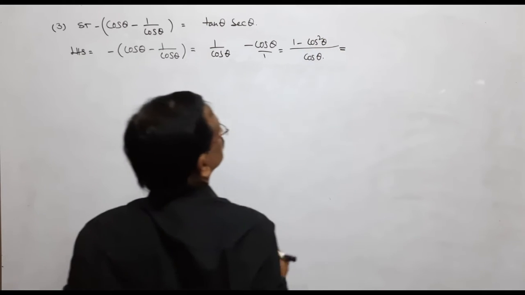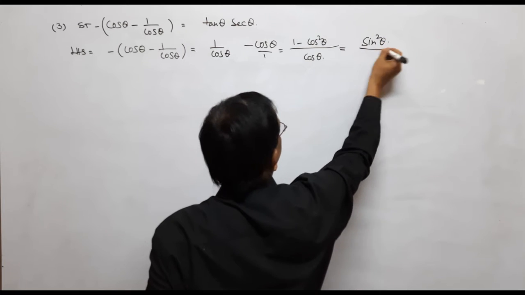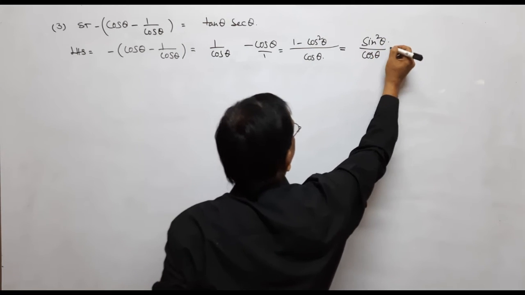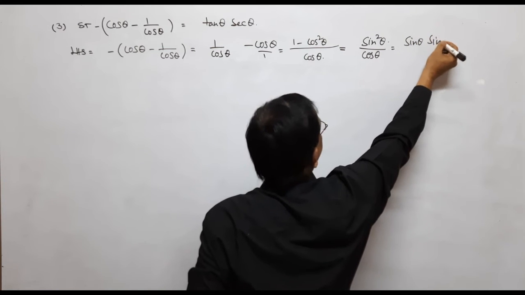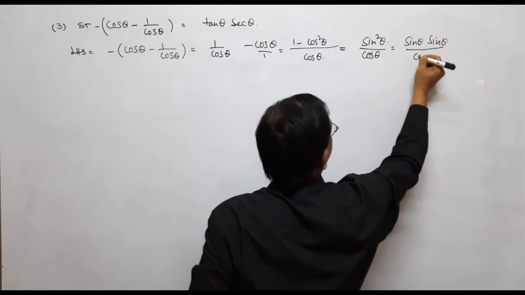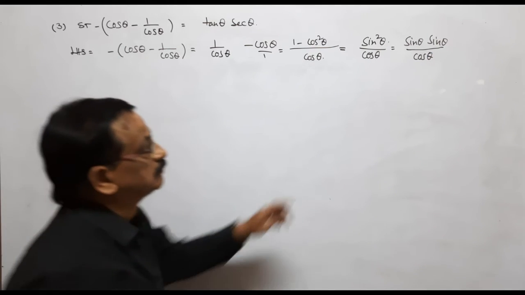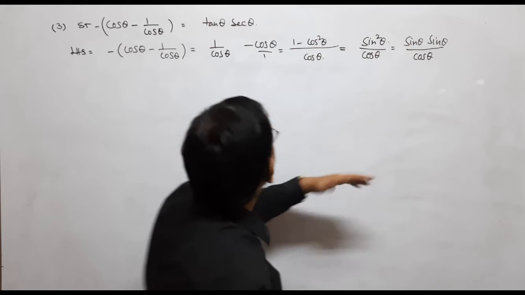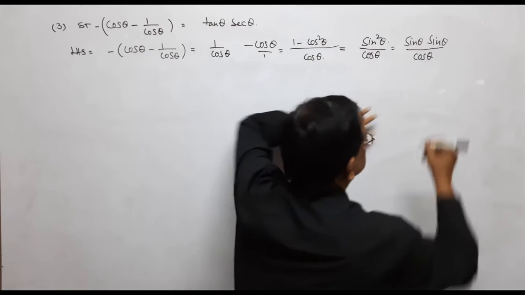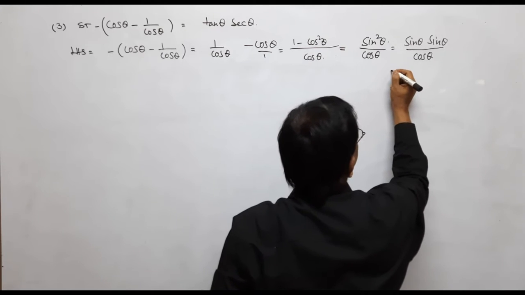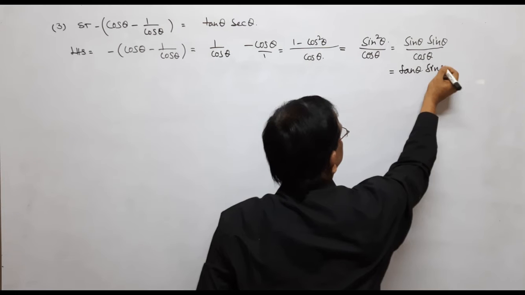So which is equal to 1 minus cos square theta is sin square theta by cos theta. So this is, let me write down this as sin theta into sin theta by cos theta. The answer is now clear. I should have tan theta. So sin theta by cos theta is tan theta. So which is nothing but tan theta into sin theta.